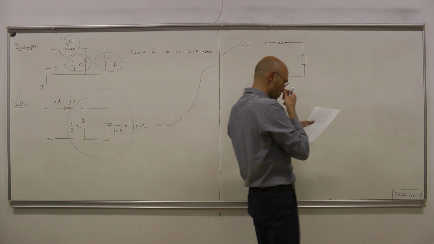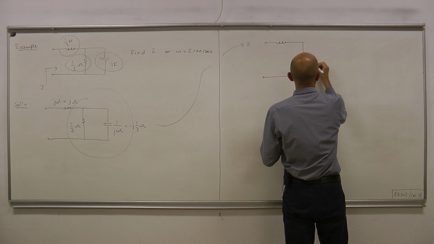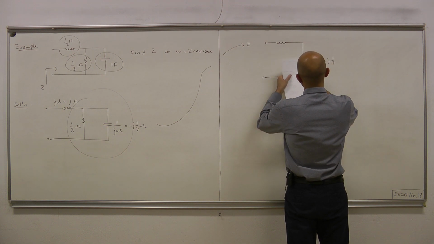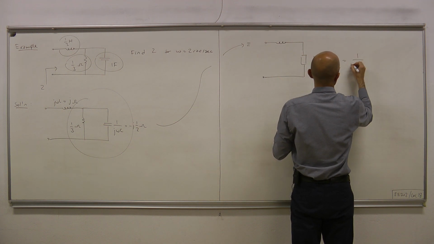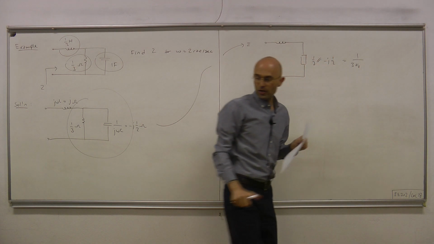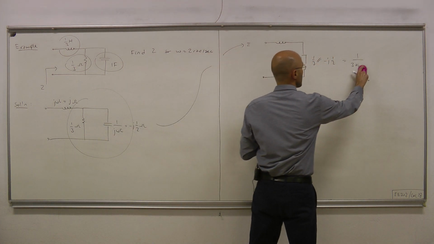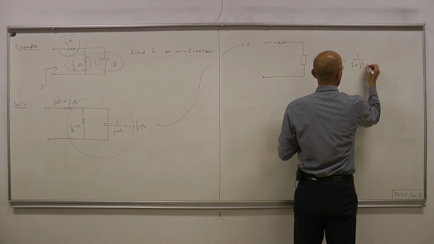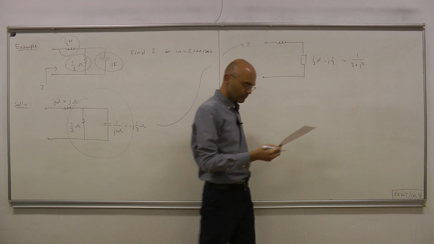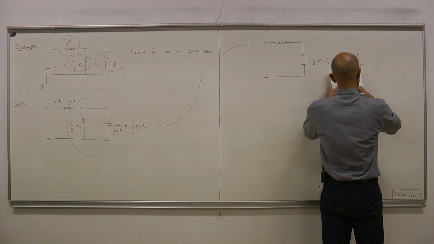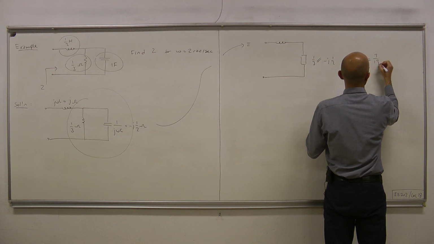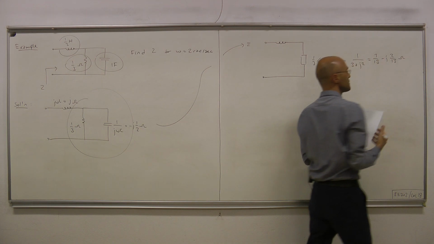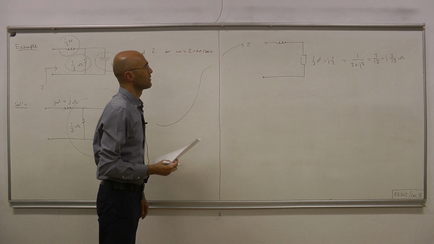The impedance of that one port is 1/3 ohms combined in parallel with minus j 1/2, and that's 1 over 3 plus j2. Written in rectangular form, this reads 3/13 minus j2/13 ohms.